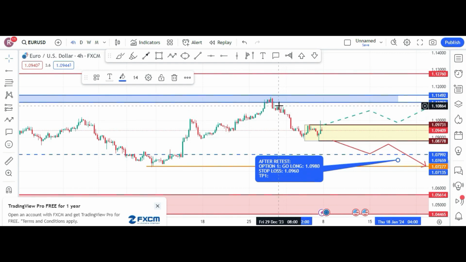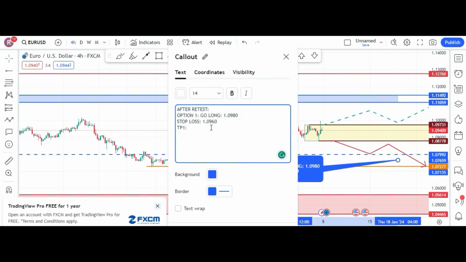We'll target 1.1086, then we'll target 1.1138. 86 and 38 will be targeted. 1.1086, TP2 will be 1.1136. Am I correct? Yes, something like this.